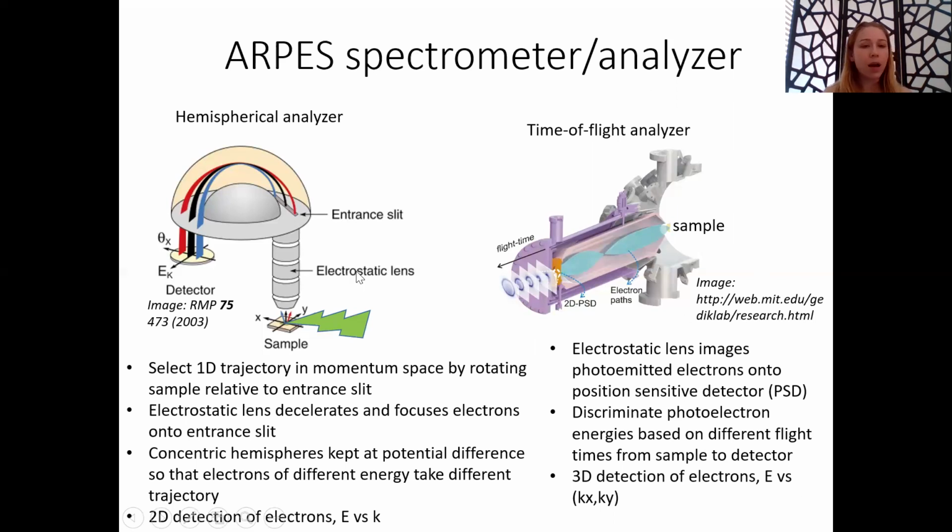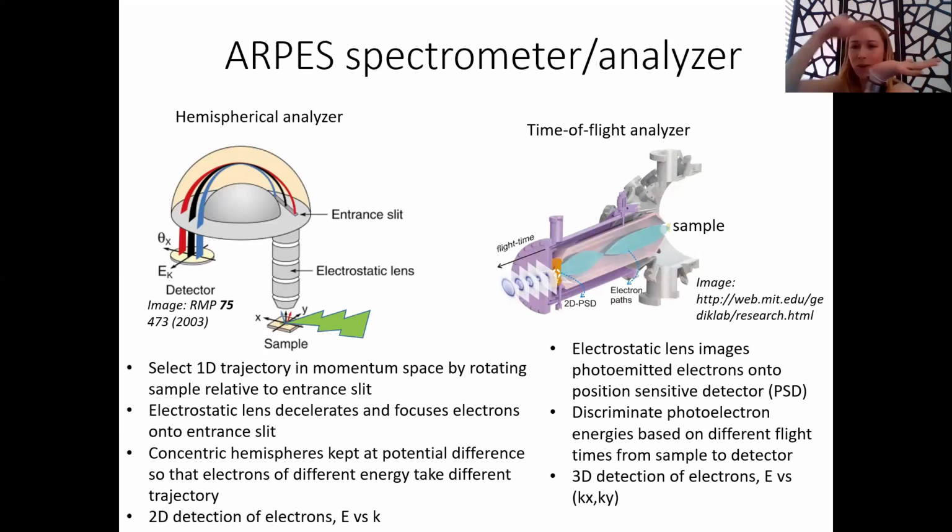The more common analyzer is a hemispherical analyzer, which uses concentric hemispheres kept at different potentials to differentiate different energies of electrons. Basically, it's like a parallel plate capacitor.